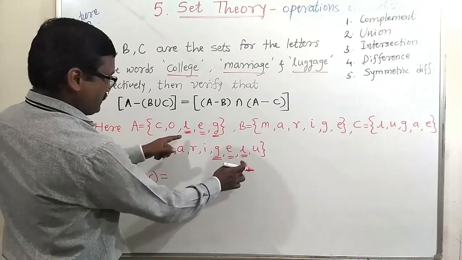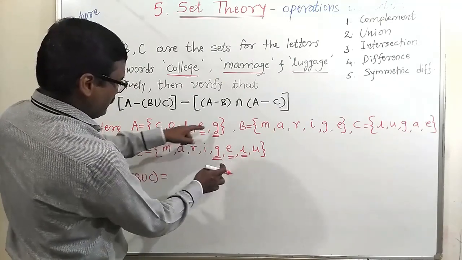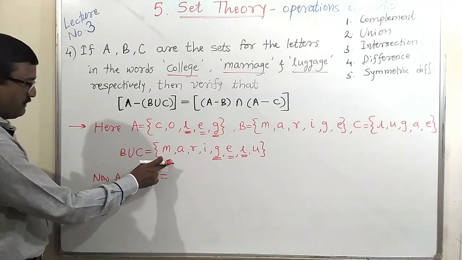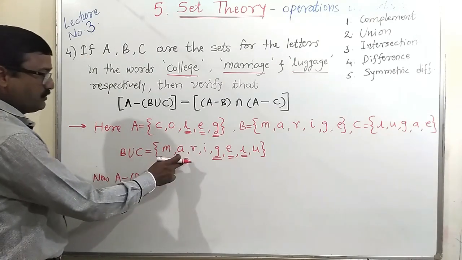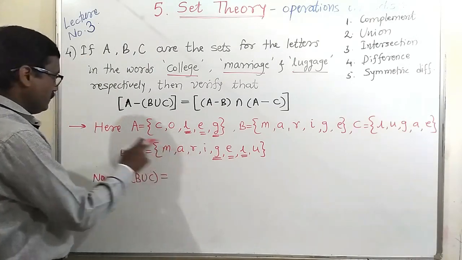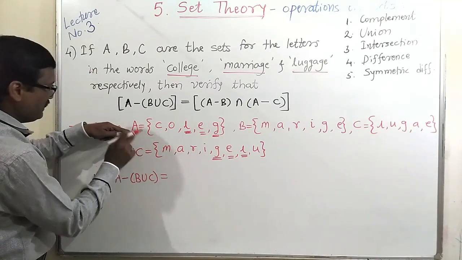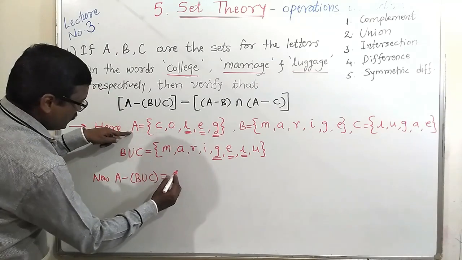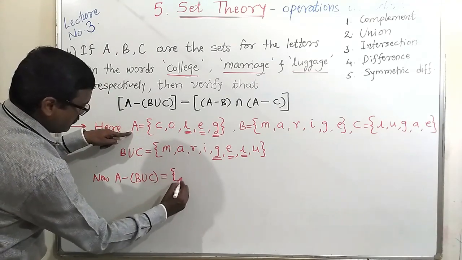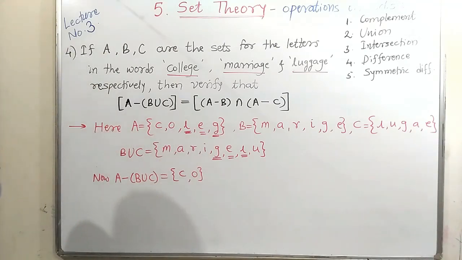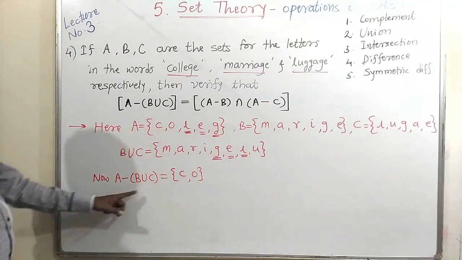So C is not in set B union C and O is also not there. So A difference B union C is the set of elements which are only in A but not in B union C. That is nothing but the set C, O.